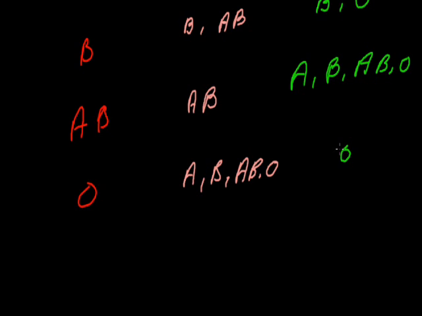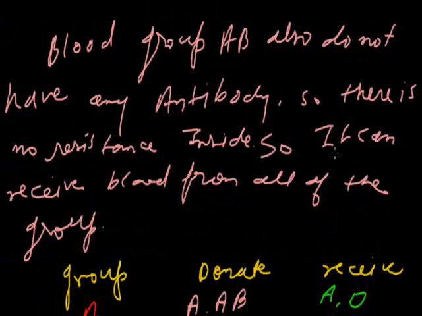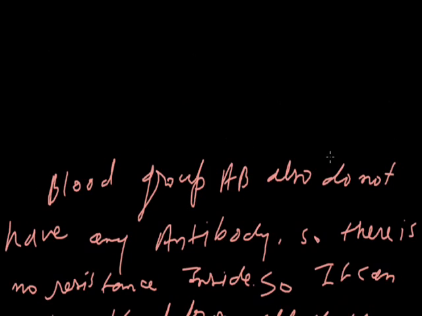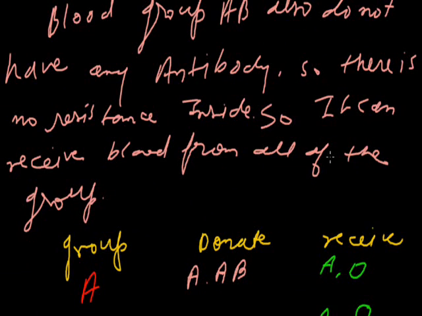Okay, students, you will never be confused if you deal with these two things only: whenever we deal with the process of giving blood, we should watch antigen and antibody. The blood coming from outside, we watch its antigen, and the blood already inside, we watch its antibody. That's all. Thanks, students.